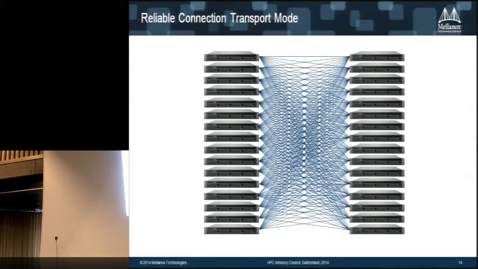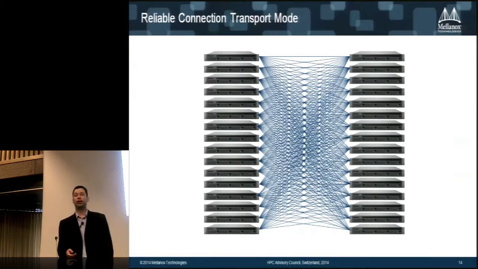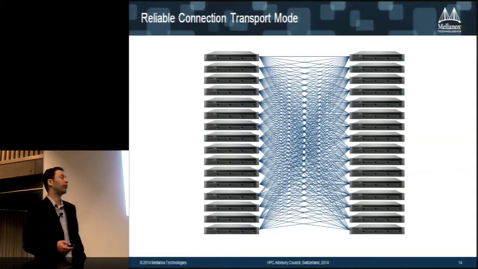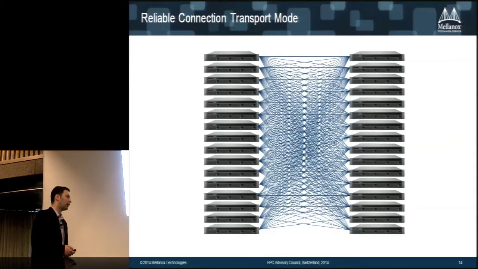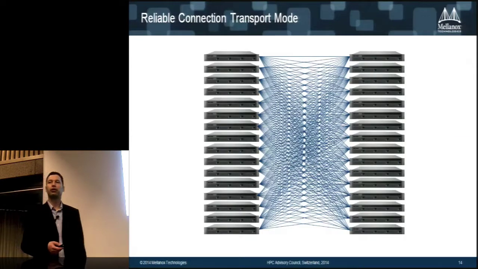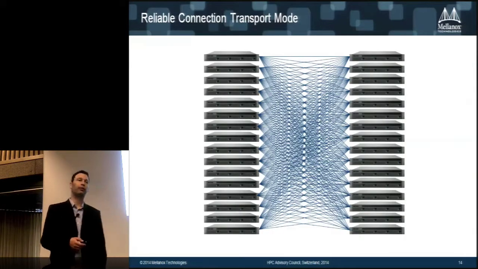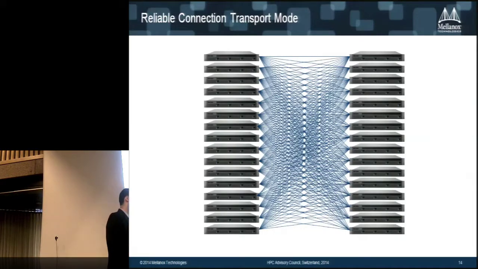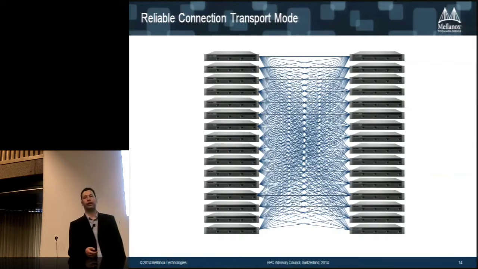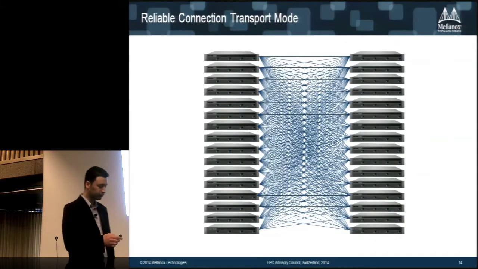So running reliable connection has a scalability problem in many senses, especially for high performance computing, because it requires you to pin down a lot of memory for the sake of the communication. It also has bad utilization of the caches in the hardware and so on.